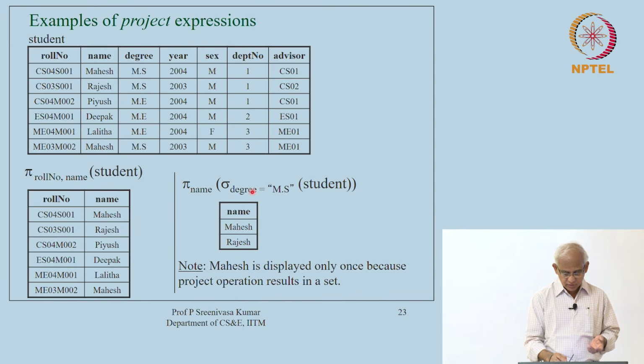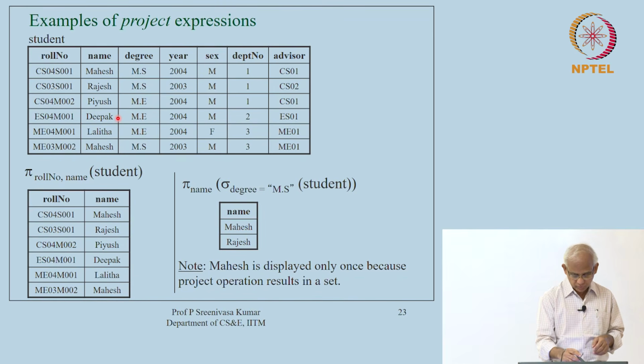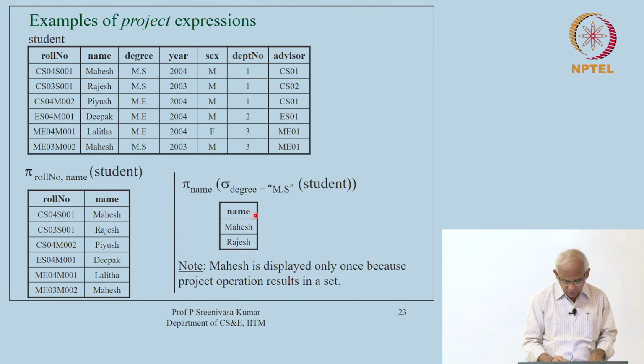Okay. So, for example, let us just consider that in this particular data there is only one Mahesh, or whatever. Let us consider the case that this result produces only one name.